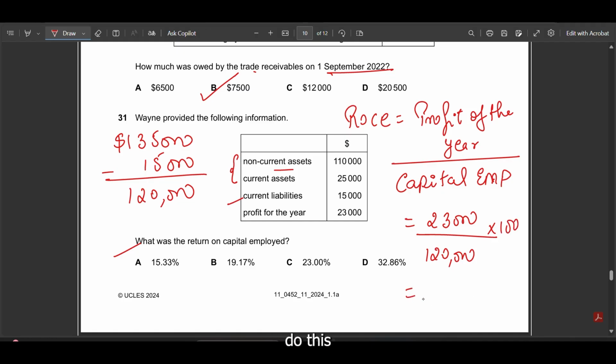If you do this, it is coming as 19.1666. So can I say this as 19.17? So the correct answer is 19.17%.